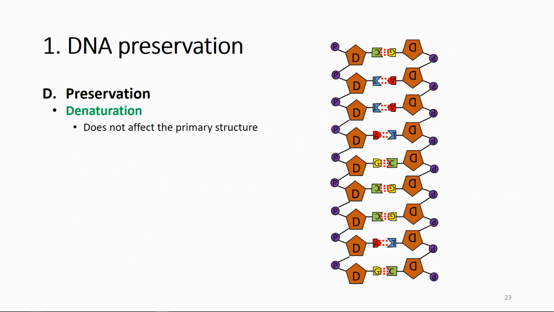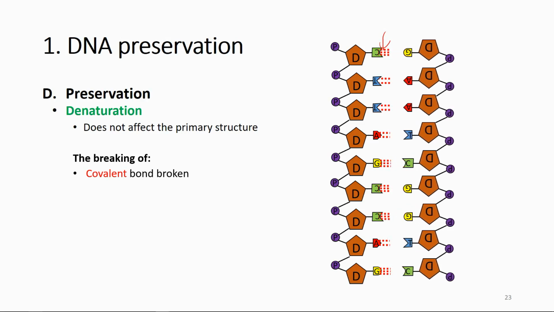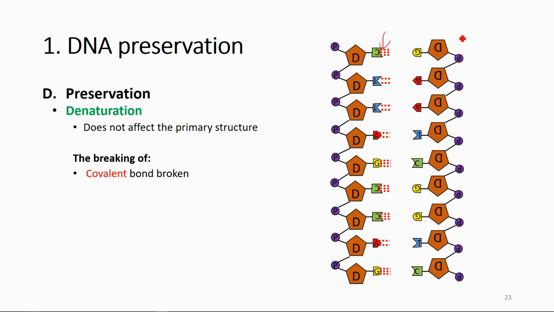For denaturation, it will not affect the primary structure. It mainly refers to the breaking of the bond between both strands of DNA. You can see the primary structure is still intact.